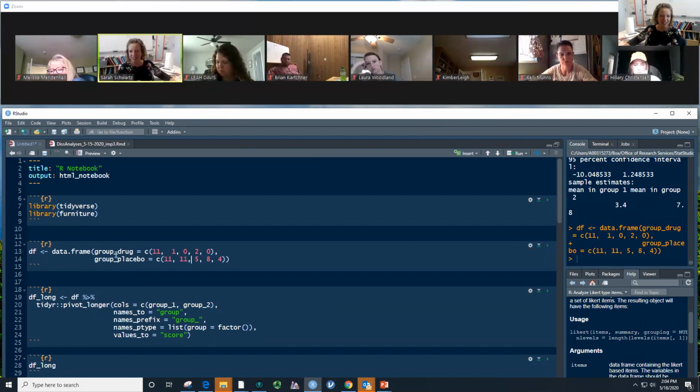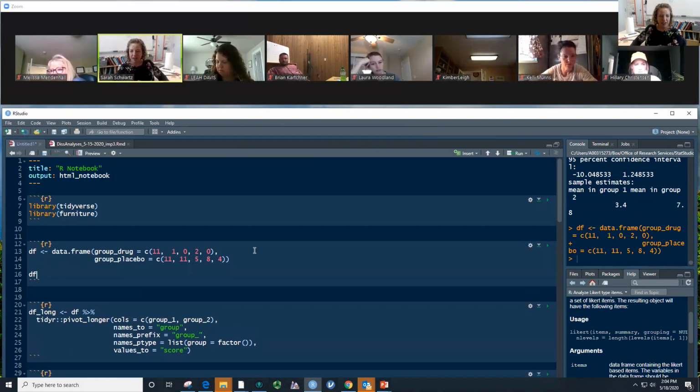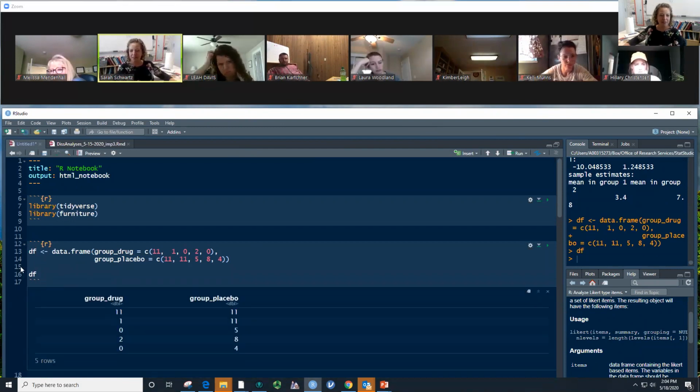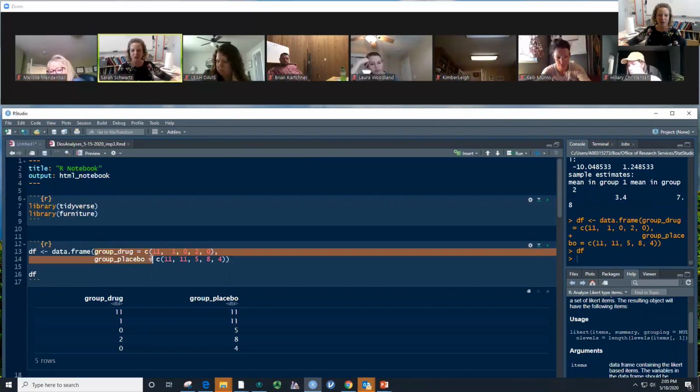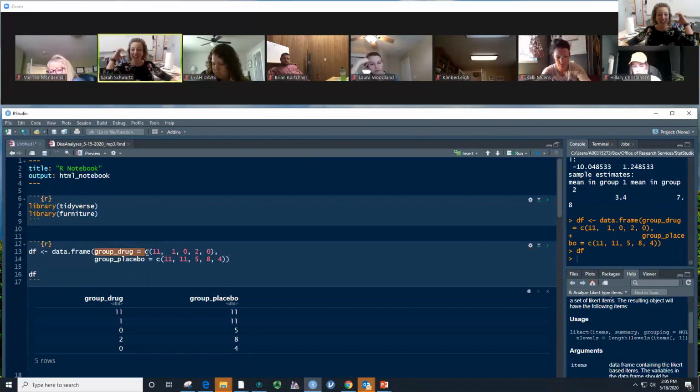Okay. That makes a data frame. And if I run just the name, I see here's my drug group numbers, here's my placebo group numbers. Okay, so I've just entered them into the computer. The drug group is the concatenated or combined container 11, 10, 2, 0.